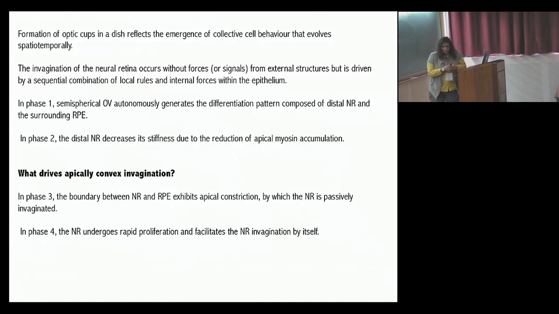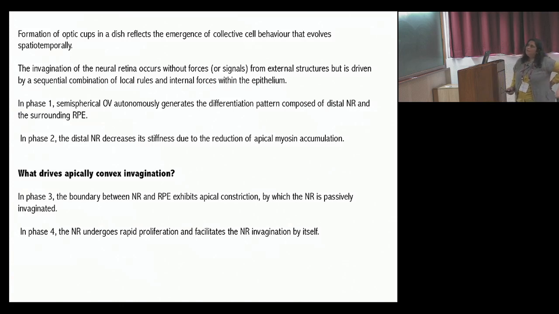So I'll just tell you what they inferred from experiments of this kind. They said that the invagination of this retina occurs without forces or signals from external structures, and therefore it must be driven by a sequential combination of local rules and internal forces within the epithelium.